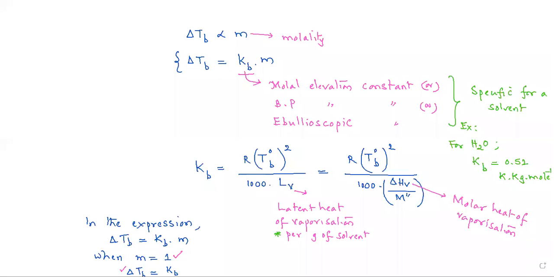Now, let us go for the final expression, taking the same thing again. Delta TB is equal to KB into small m. And we know that molality is weight of solute by molecular weight of solute into 1000 by weight of the solvent in gram.